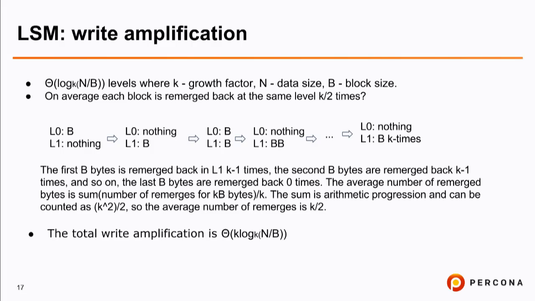And the total write amplification is the average number of remerges multiplied by the number of levels. And this is Theta of k multiplied by log k, divided by b.